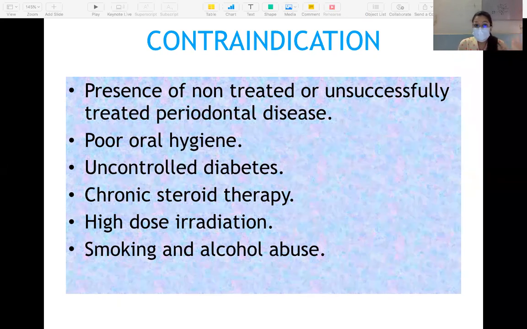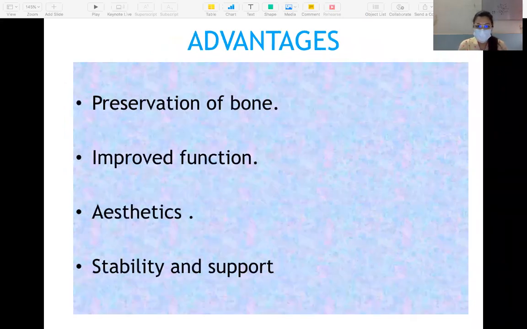Patients with uncontrolled diabetes, chronic steroid therapy, high doses of radiation, these are certain absolute contraindications. Smoking, alcohol in excess, these are also some relative contraindications.